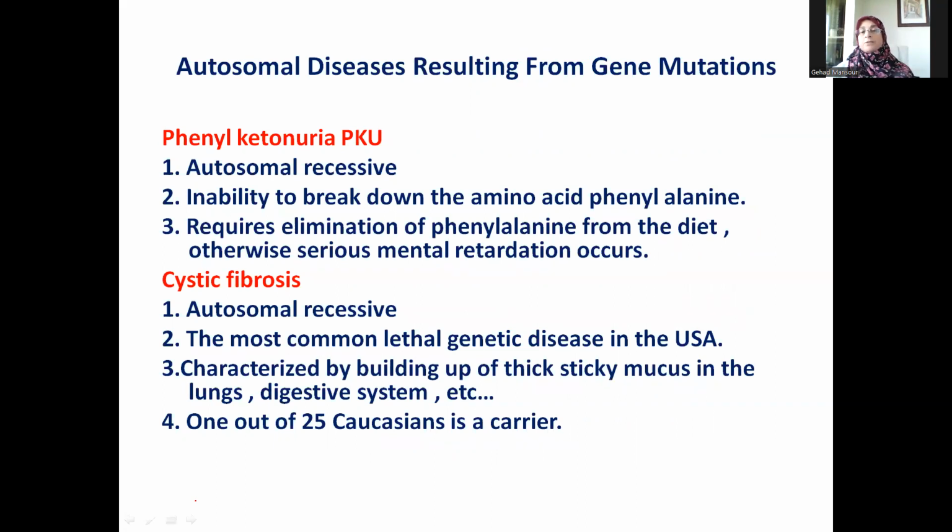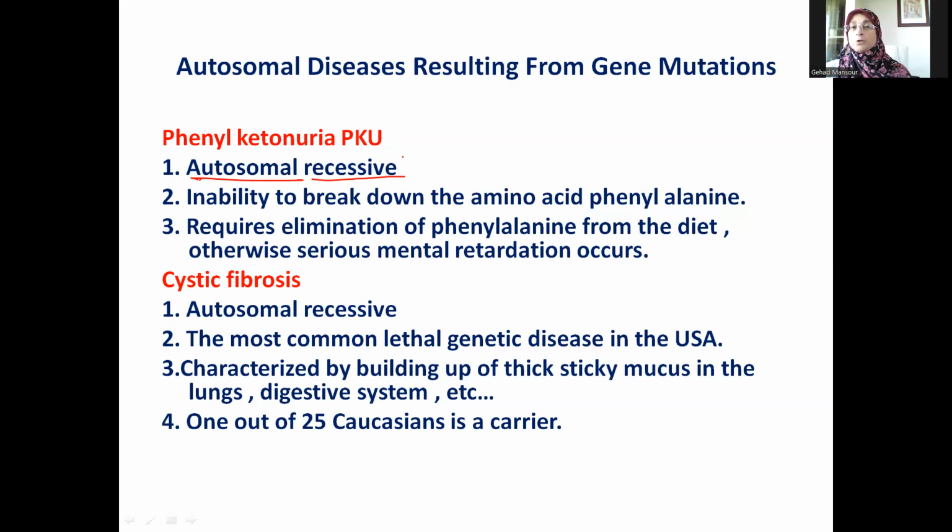So the diseases that result from gene mutations, not from chromosomal mutations, might be recessive or dominant. So the first one is phenylketonuria, and it is an autosomal recessive mutation, meaning that the mutant gene is recessive and it is present on an autosome, not on a sex chromosome. So phenylketonuria is autosomal and is recessive.